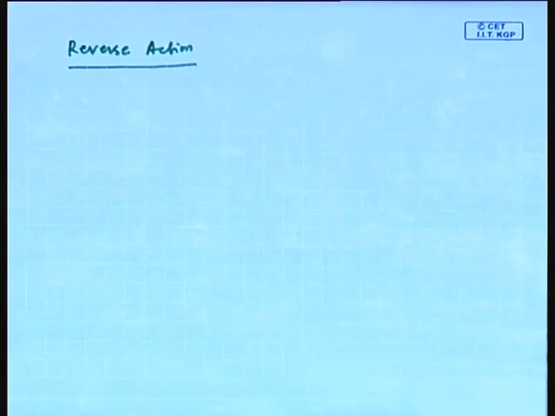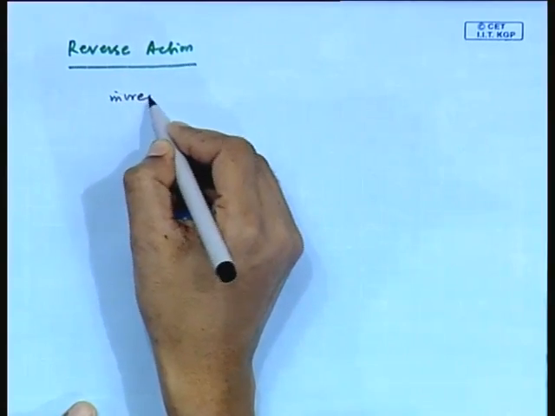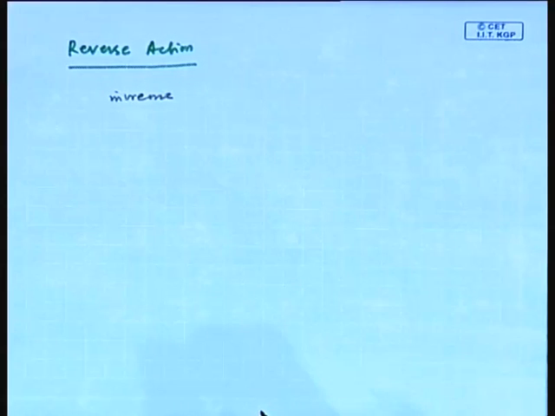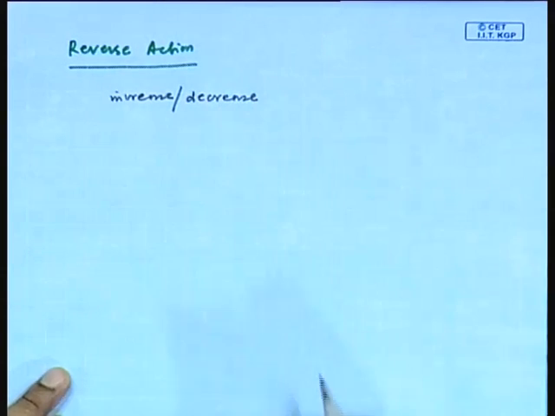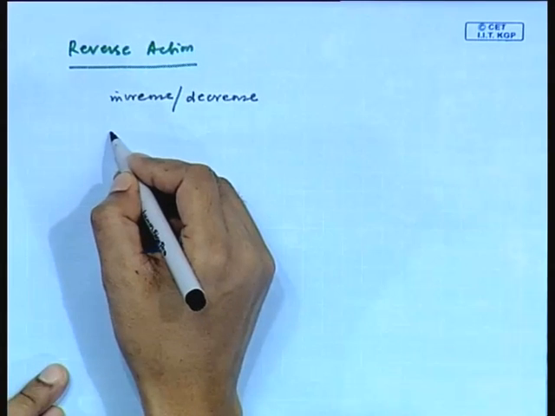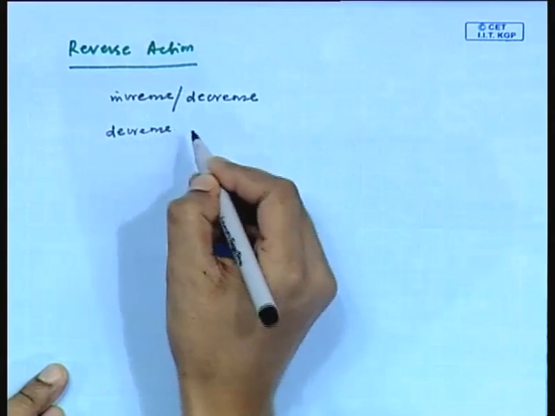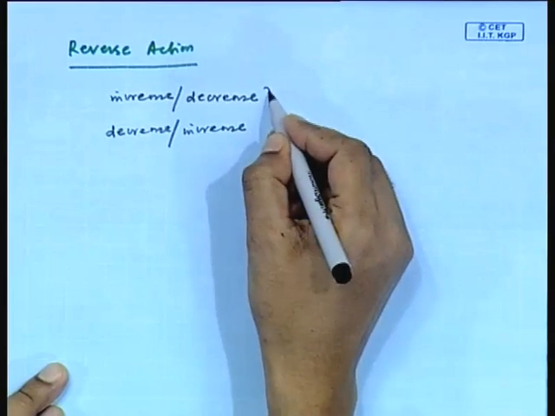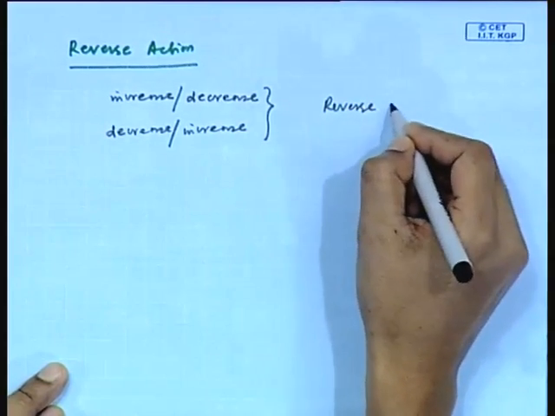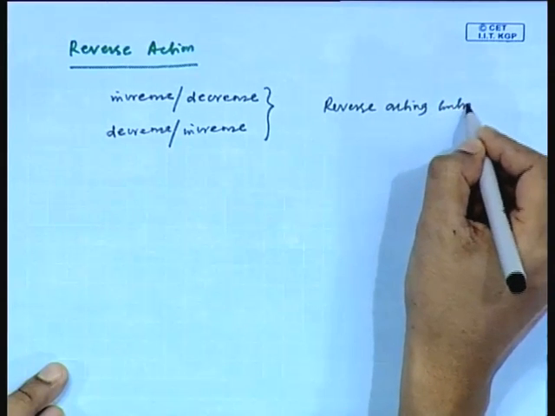So, the definition is, as the input signal to the controller increases, the output signal from the controller should decrease for a reverse acting controller, or as the input signal to the controller decreases, the output signal from the controller should increase for a reverse acting controller.